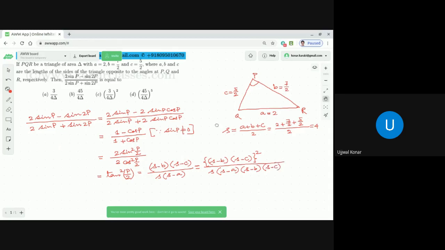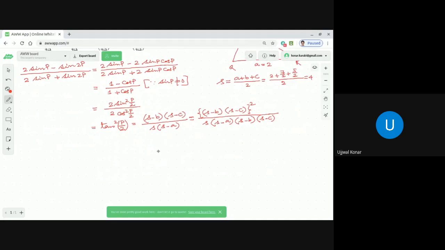So what we get, dear students, is (S minus B) into (S minus C) whole square in the numerator. In the denominator we get delta square, because from Heron's formula we can write this.